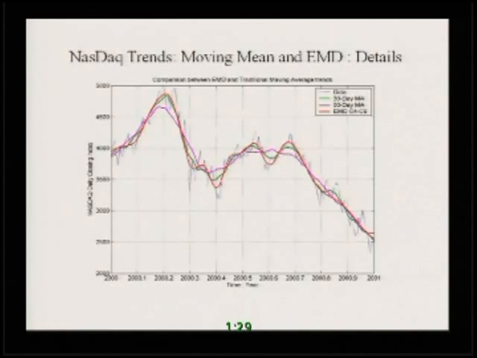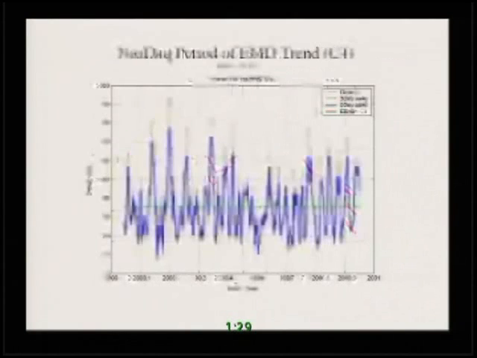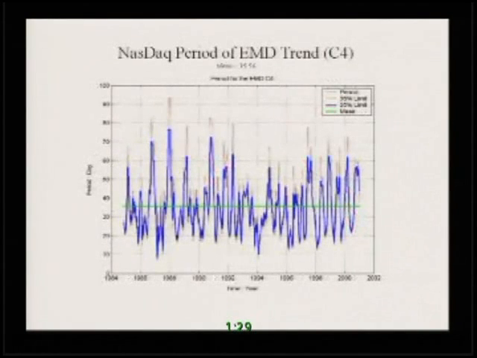Okay, if you make a comparison, you'll find that EMD actually follows most of the change much better than the 30-day average. Then you ask, what's the time scale of C4 to 9? The time constant of C4 to 9 is exactly 30 days.